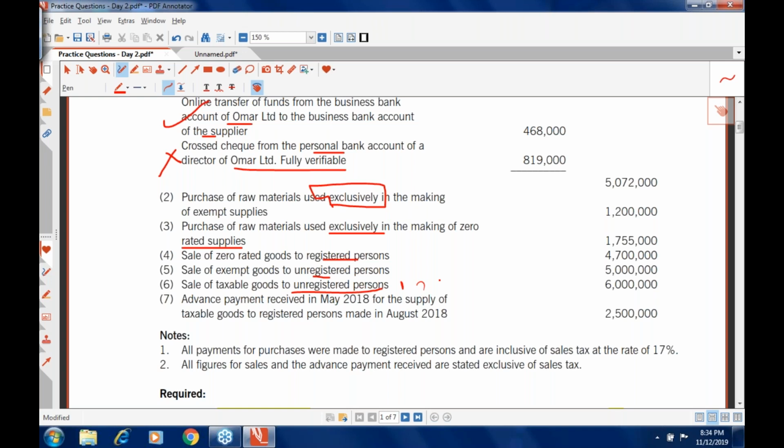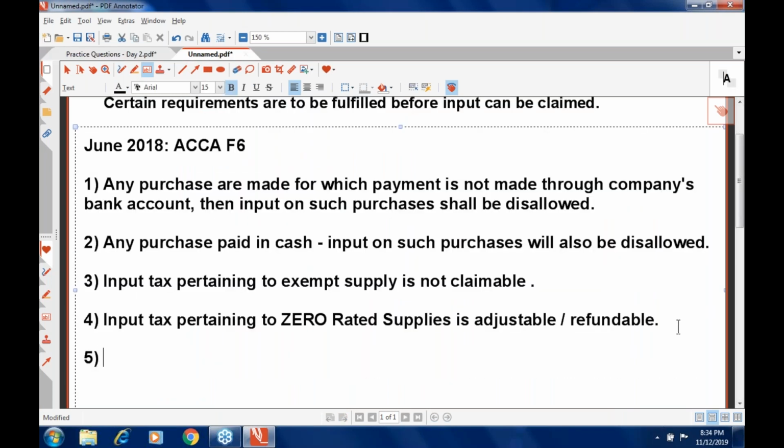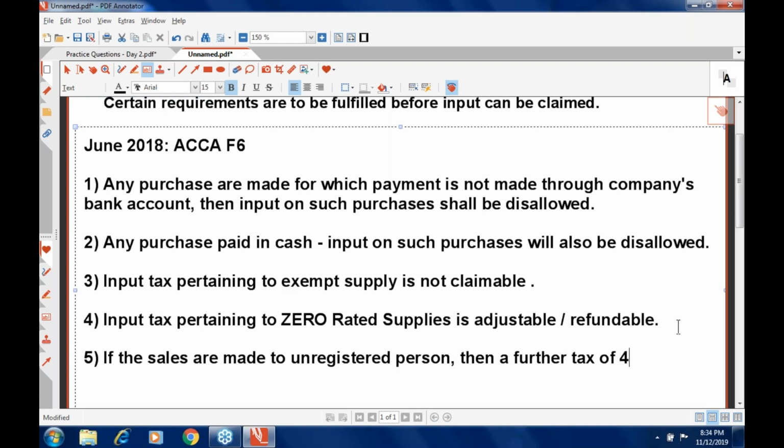We did discuss this in yesterday's session also, but I'm just going to write it down. If the sales are made to unregistered persons, then a further tax of 3% is charged from them.